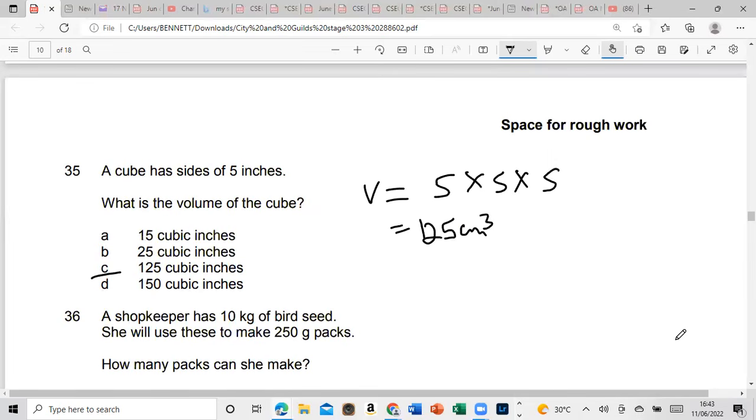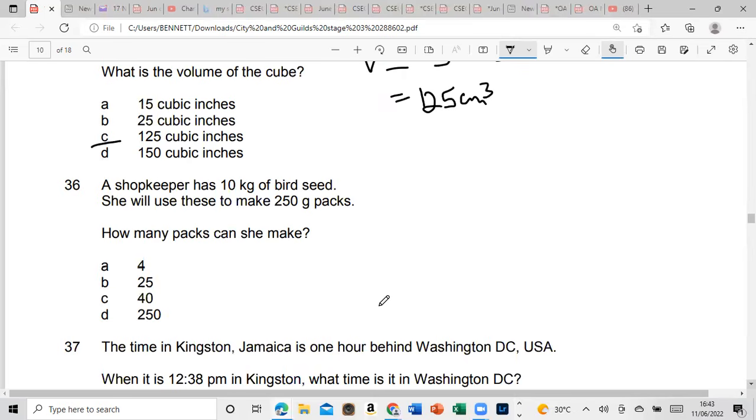A shopkeeper has 10 kilograms of bread seed. She used these to make 250-gram packs. How many packs can be made? So first we have to convert this again to grams, right? So 1,000 grams make 1 kilogram.